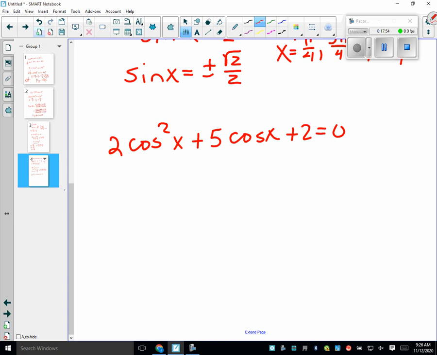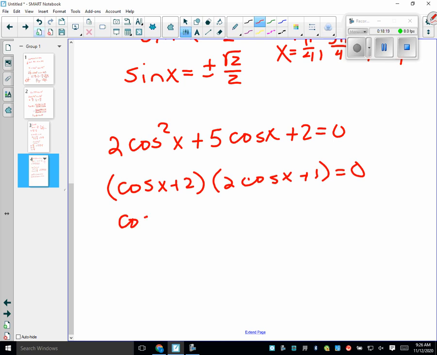How does it factor? Cosine x plus 2, and then 2 cosine x plus 1. Is that what you all got? Everybody okay with the factoring? Yeah. Now what? You get cosine x equals negative 2 and cosine x equals negative 1/2, but negative 2 can't happen. So I mark this one out.